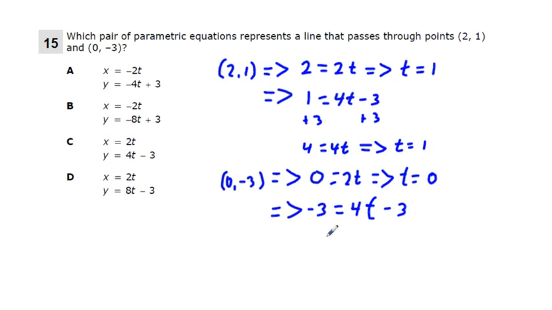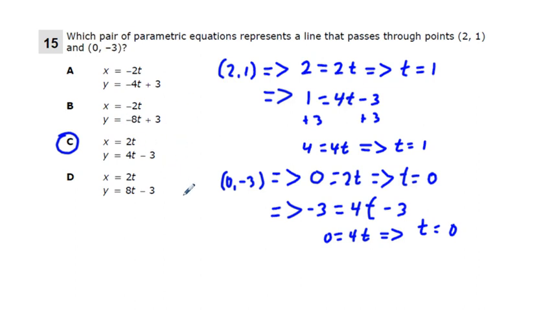You can also graph these in the calculator in the parametric mode. That would be another way to do that, and take a look to see which one of these parametric equations works. So we can just do that to corroborate. We go get a Control-I, add graph.